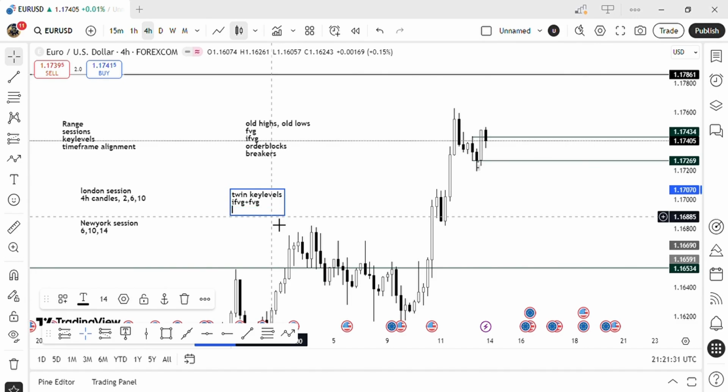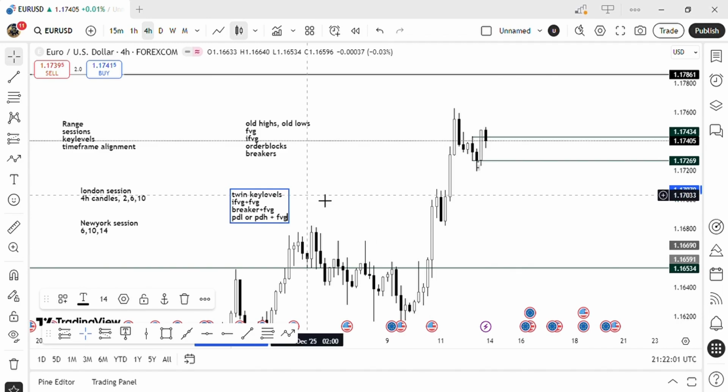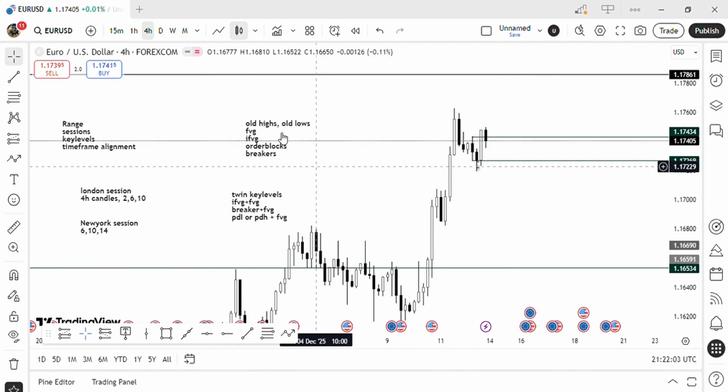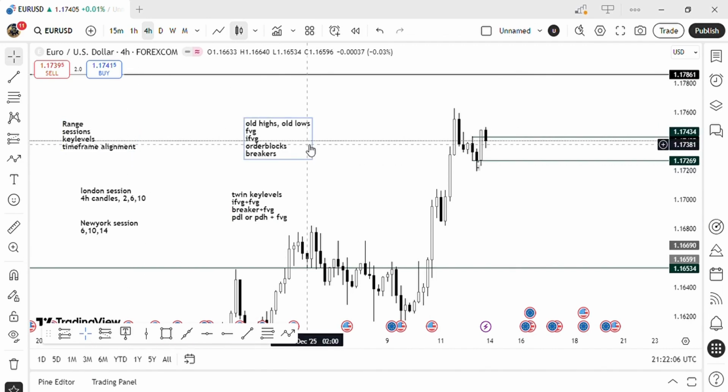If you have a breaker aligning with your fair value gap, it's a twin key level. If you have the PDL or PDH, that's the previous day low and the previous day high, aligning with a fair value gap, it's a key level. So on and so forth. These are key levels that you could use while trading your CRT model.